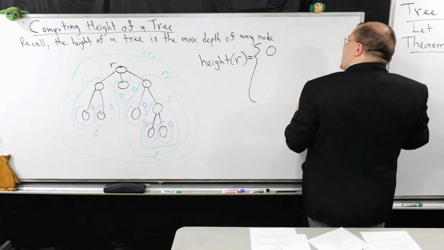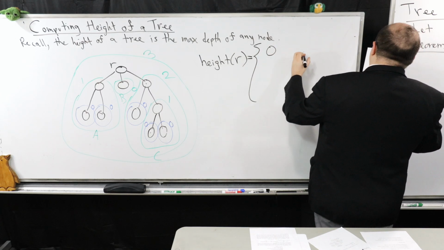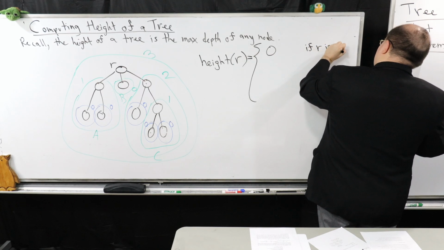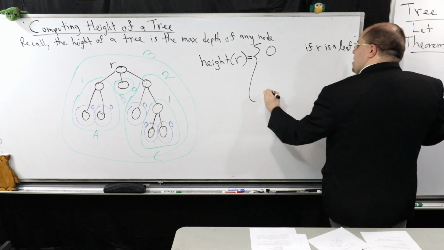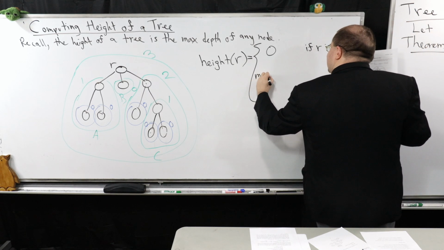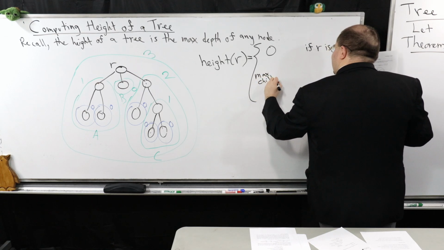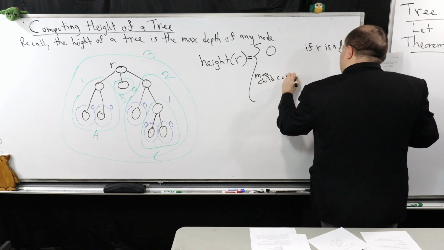So we know that the height of a subtree rooted at a leaf node is 0, right? So we know it's 0 if r is a leaf. Otherwise, we know it's an internal node. So I'm going to take the max over all of the children of r.